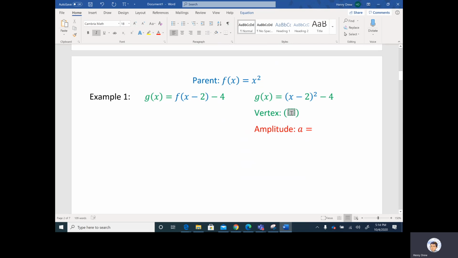If we understand vertex form, then we should say that our vertex is going to be at 2 comma negative 4. And currently, I'm not looking at an amplitude. We could call that a value of 1. So that's going to look just like the parent function in terms of stretch or shrink or reflection, but we're going to shift to the right and down.